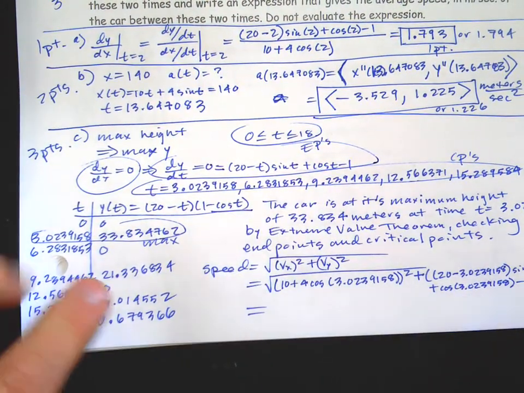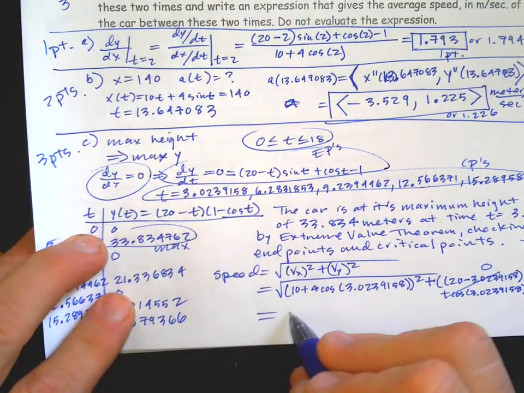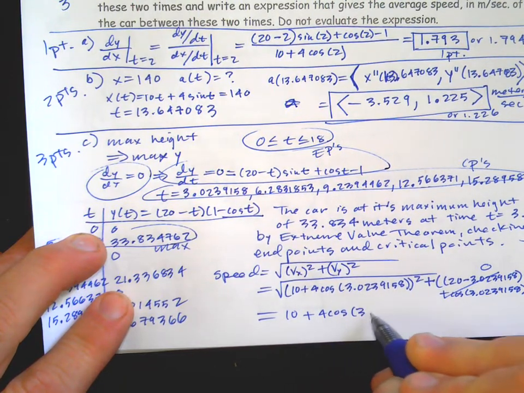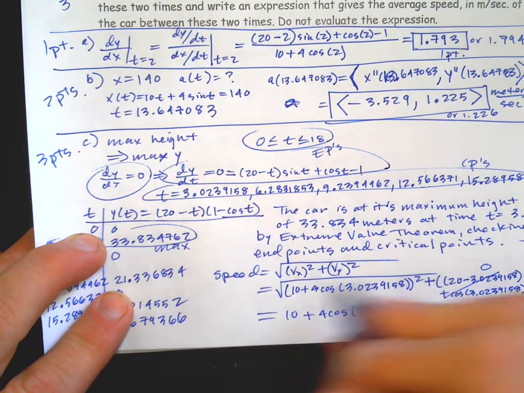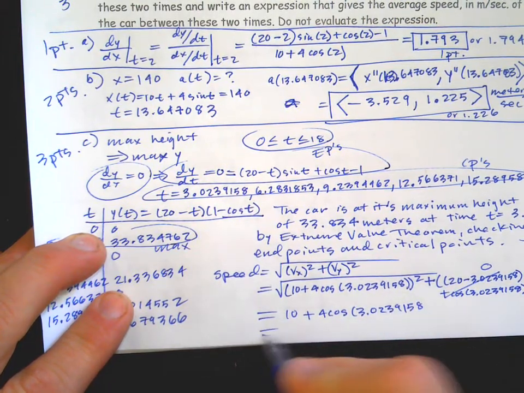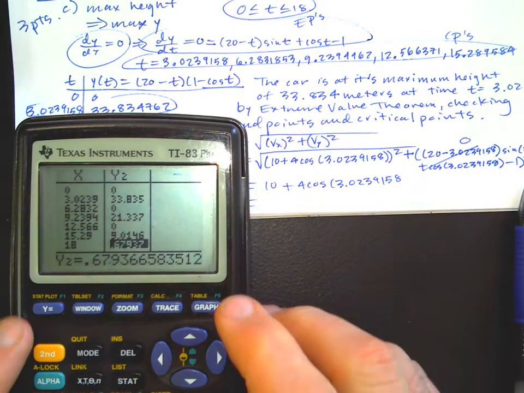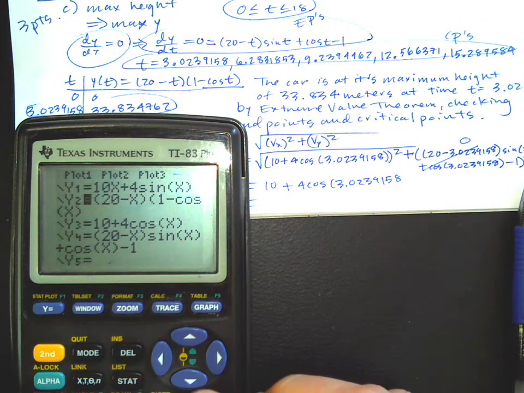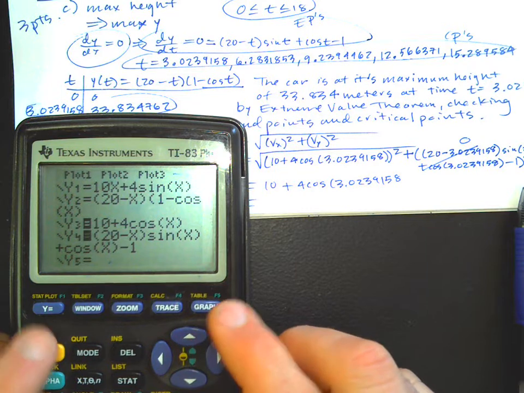So by the way, this should just come out to 0. So then you should just get this as your answer, because then this is 0, and the square root of a squared is a. This is your answer. Plug that in your calculator. We could use the table to help us. I don't know, might save a little bit of time.